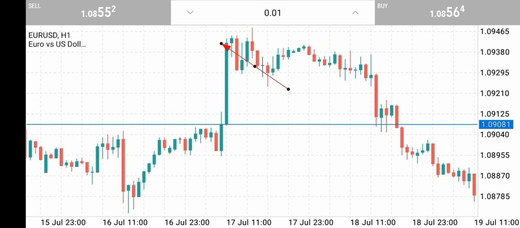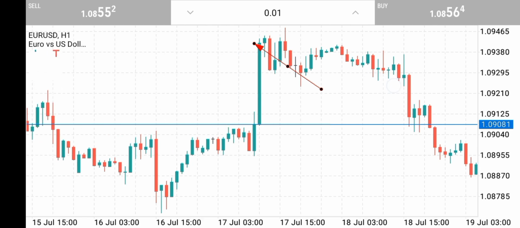Now, I'll tell you the reason why traders normally use buy or sell limit. For example, if you are the type of trader that has all the time, like you are a full-time trader, you are not working or schooling, all you do every day is trade, you can have your whole time to analyze the market and spot buy and sell opportunities.